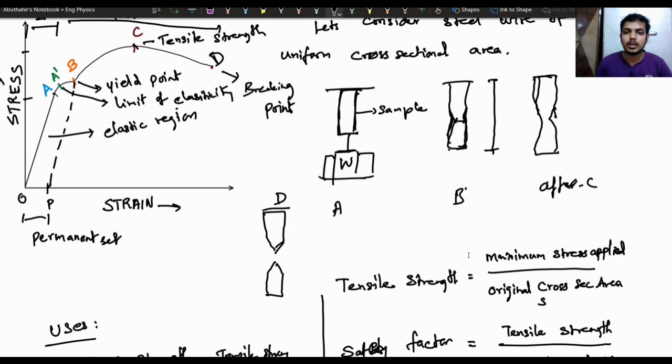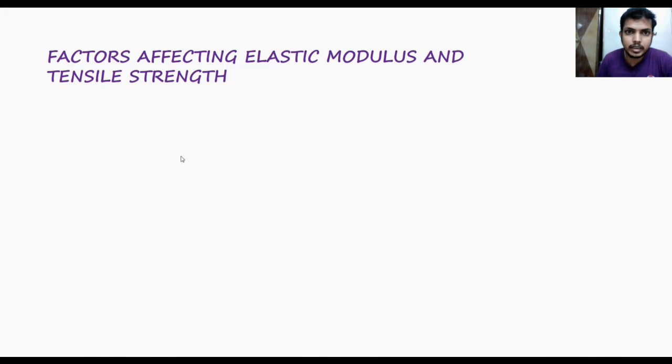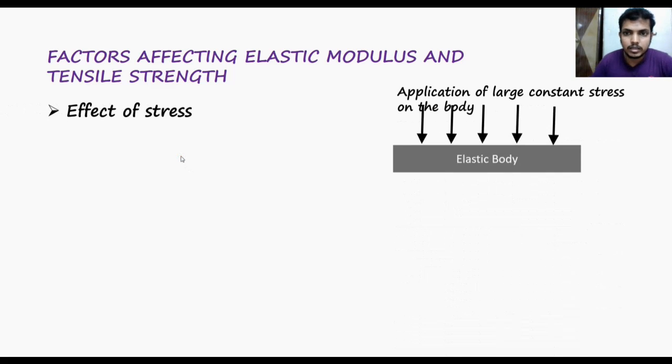Okay, then what are the factors that can affect the tensile strength and the elastic modulus, how they will change, and what factors will affect the elastic region so the material can be modified. There are 5 types of affecting factors. One of the affecting factors is stress. As we saw in the stress strain diagram, after the elastic region, a change can happen in the material by applying more stress.